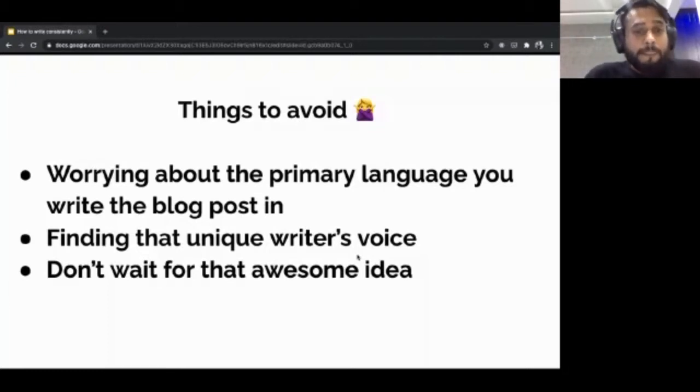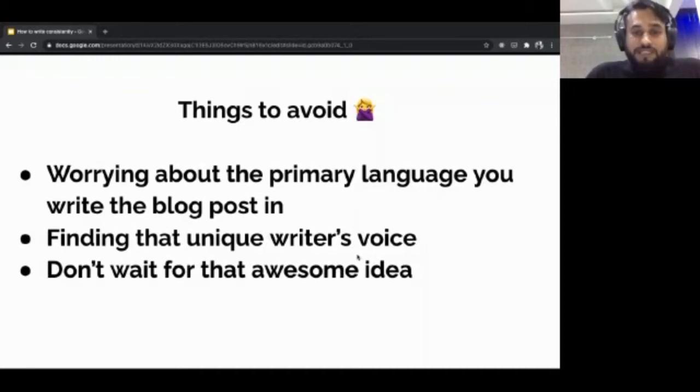Writing and communicating, I would say, come in handy when your process is simple and you're communicating in a very clear way, and that way the person who's reading your post would be able to understand more in a better way.